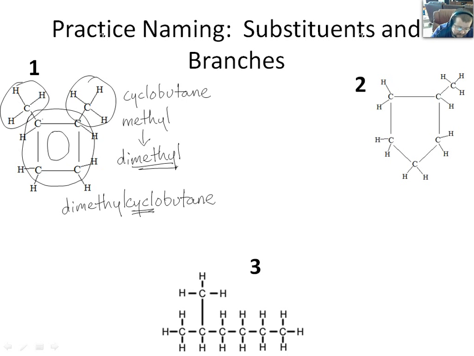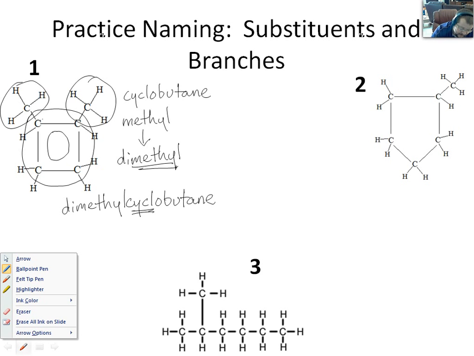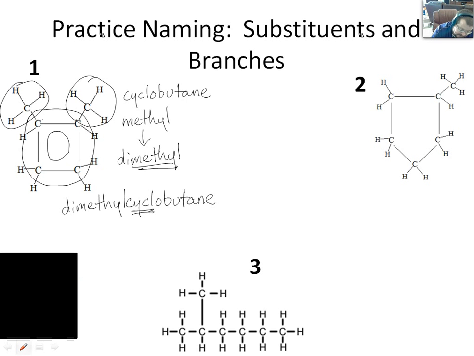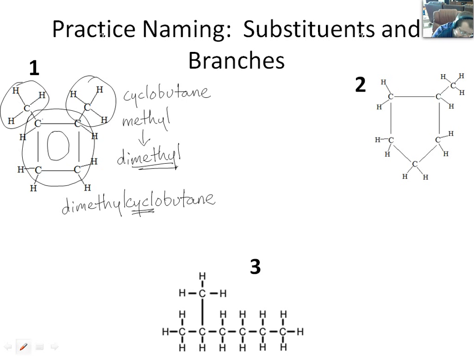Now we have to specify where it's hanging off. Now on a ring, you can start counting anywhere. And you want to start counting so that we can give our molecules the very lowest set of position numbers that we can possibly give them. So if I start on the upper left, I've got 1 and 2.